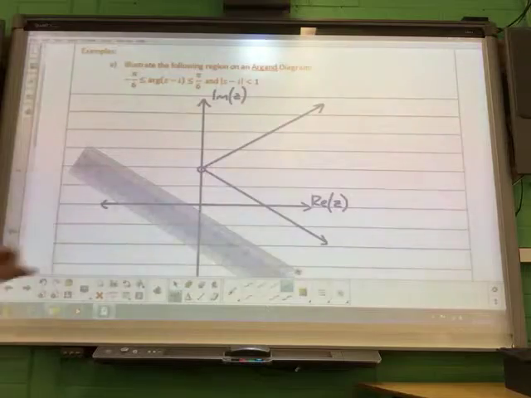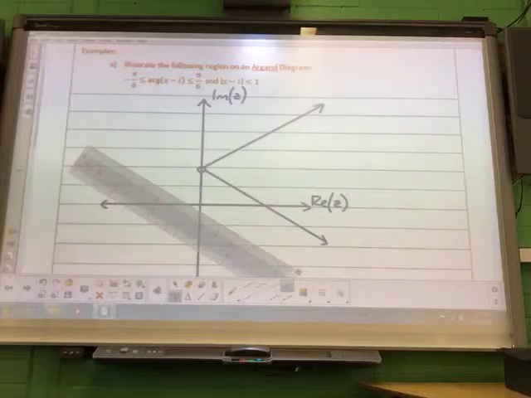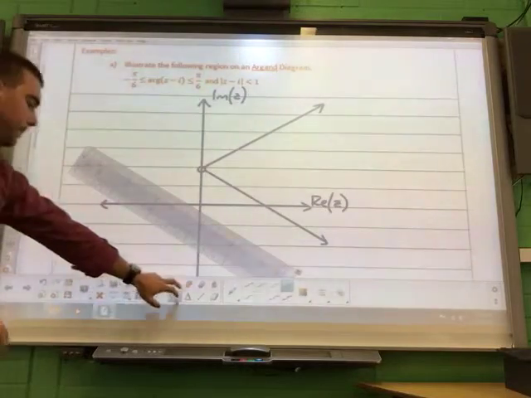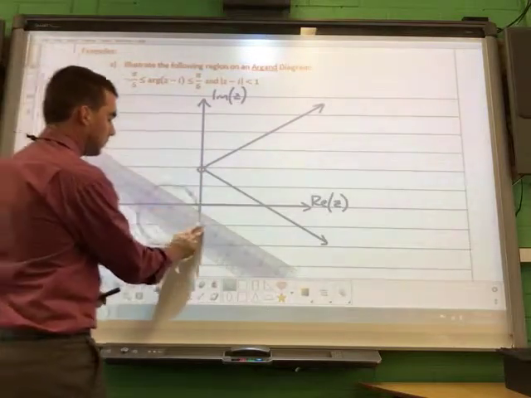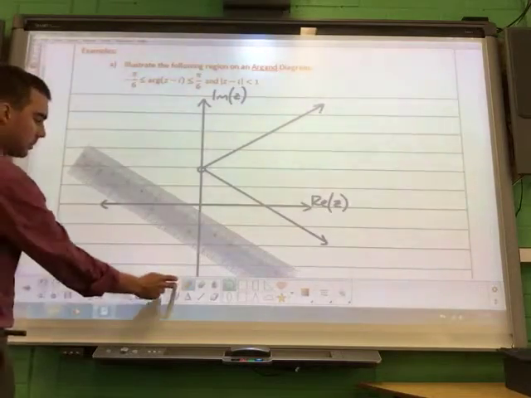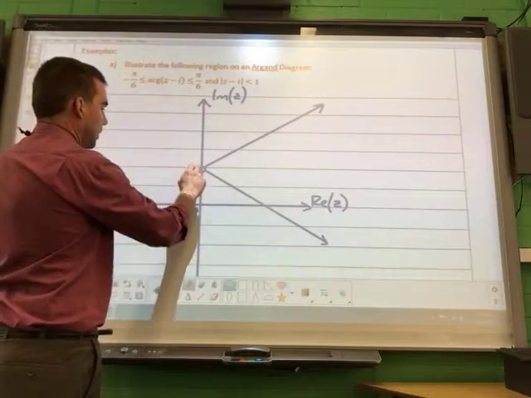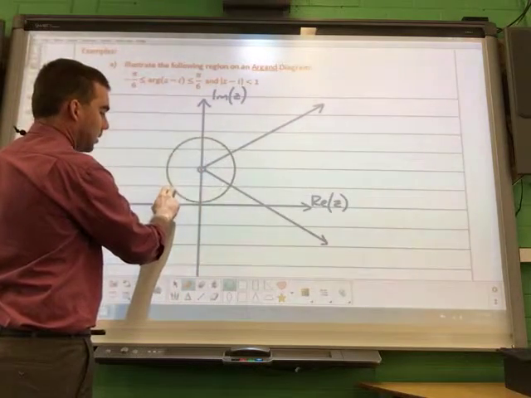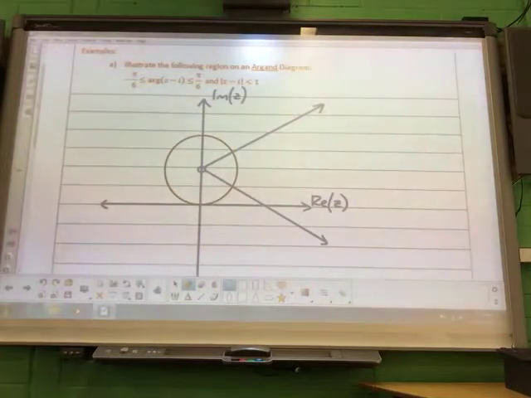So the centre is at the same point as the centre of the argument, and it's less than 1, so that's the radius. The centre is 1 unit up, therefore the radius is going to touch the origin.